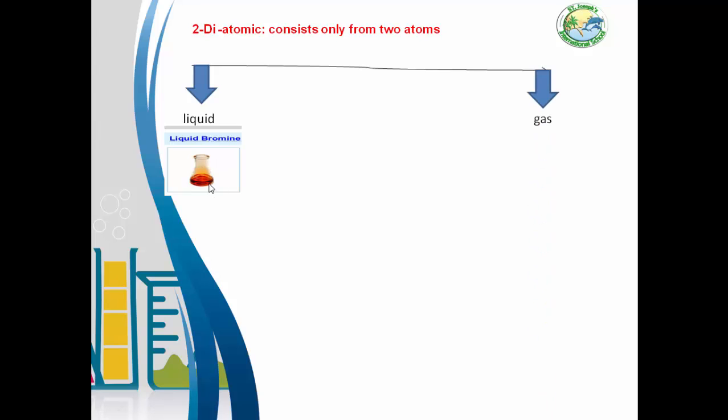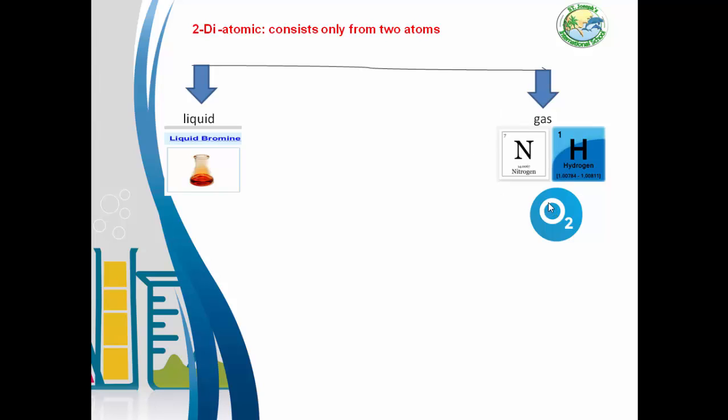It may be gas like oxygen, nitrogen, and hydrogen. Look at oxygen, two oxygen atoms, hydrogen, two hydrogen atoms, nitrogen, two nitrogen atoms. So the diatomic molecules consist of two atoms, liquid like bromine, gas like oxygen, hydrogen, and nitrogen.